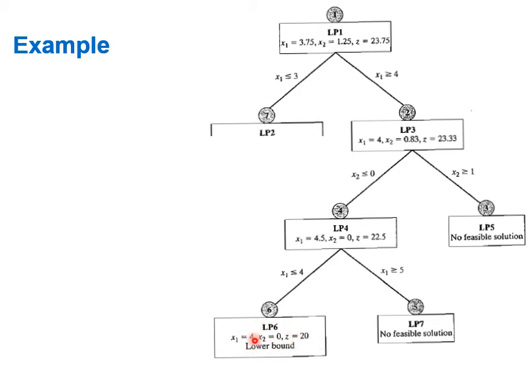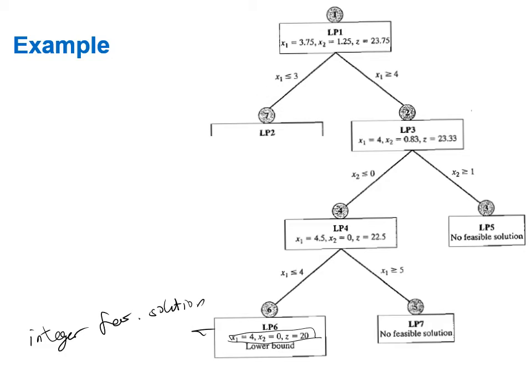But is this the optimal solution? We can't say that this is an optimal solution because we haven't evaluated this yet. LP2 must also be evaluated. Before evaluating that, I cannot say that this is the optimal solution. But what can I say? This value x1, x2 are both integers, and for a maximization problem, I found an integer feasible solution.